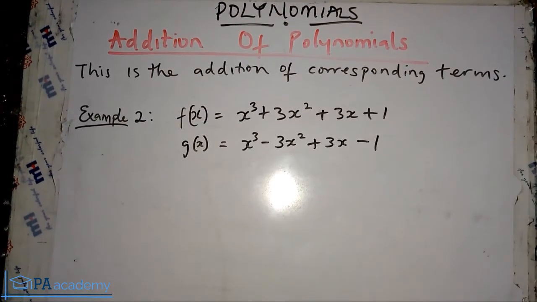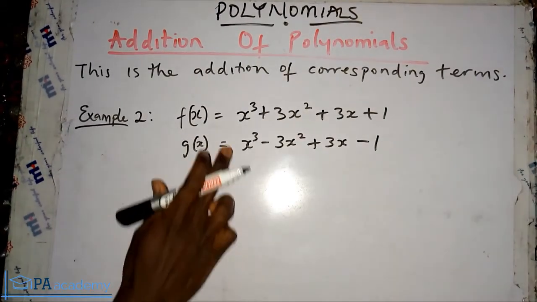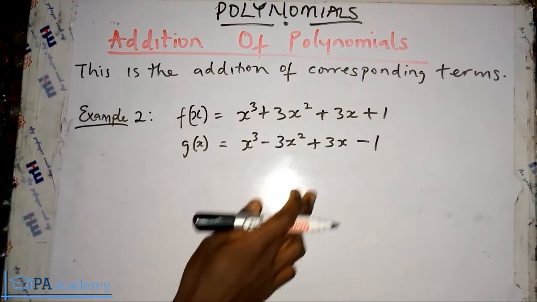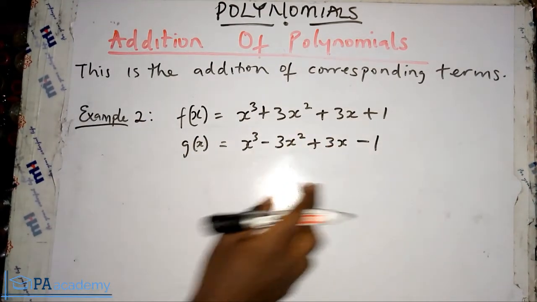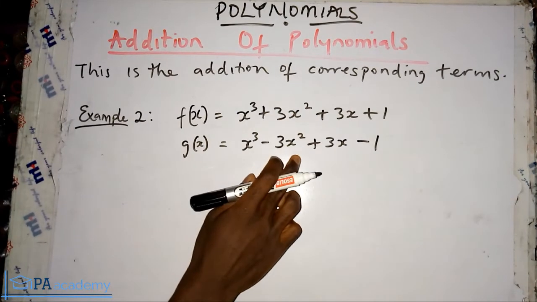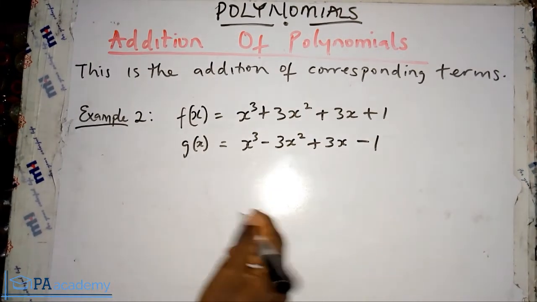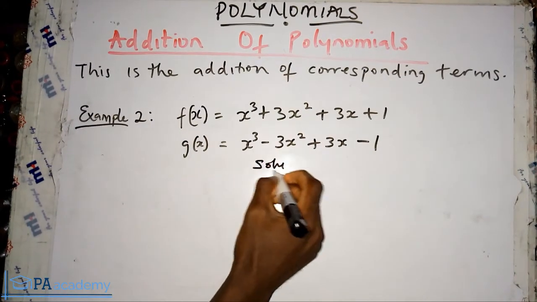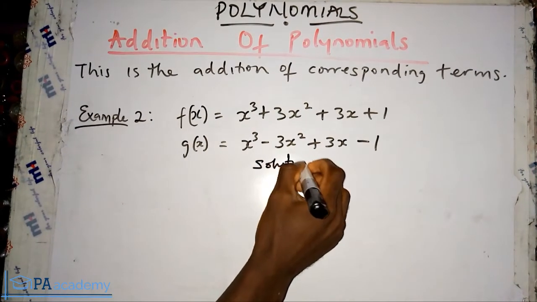For example 2, we are having f of x equals x cubed plus 3x squared plus 3x plus 1, and g of x is giving us x cubed minus 3x squared plus 3x minus 1. So let's add up f of x and g of x.